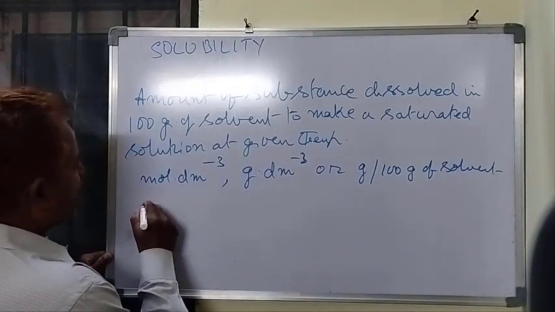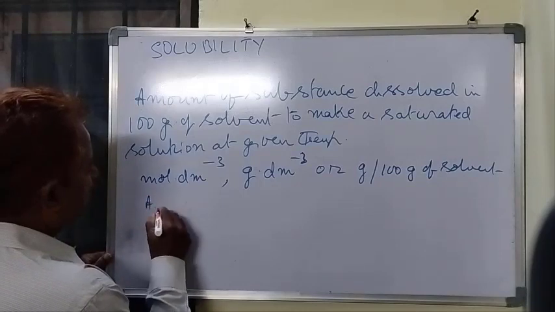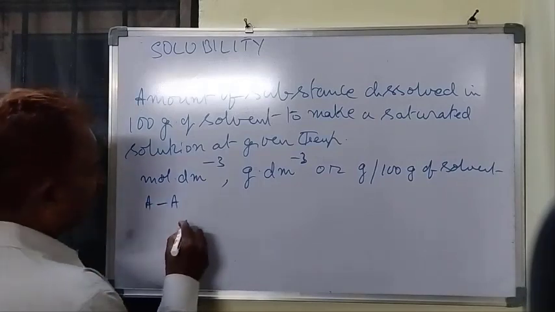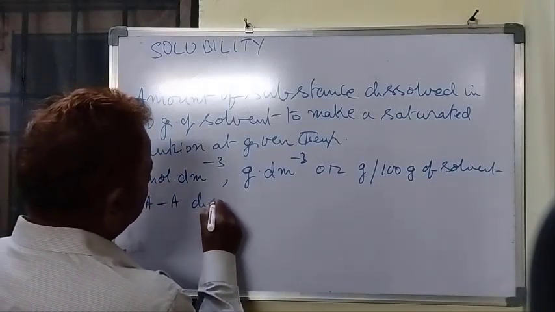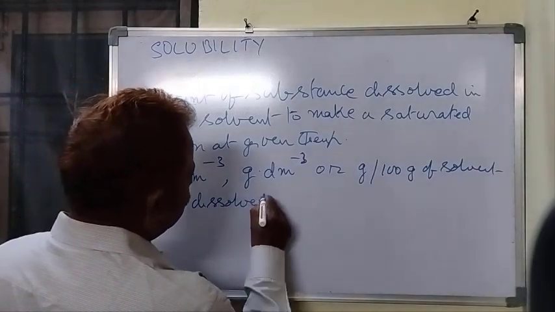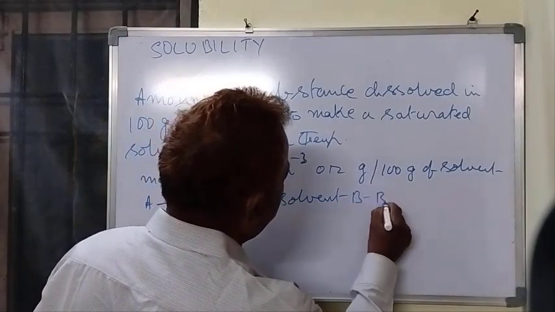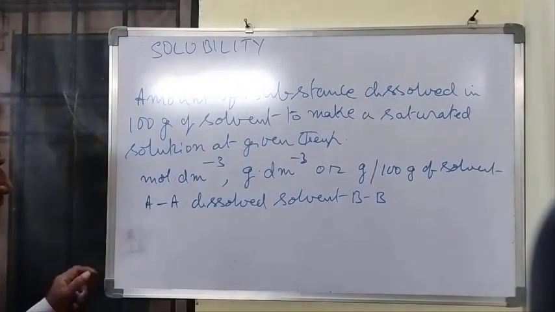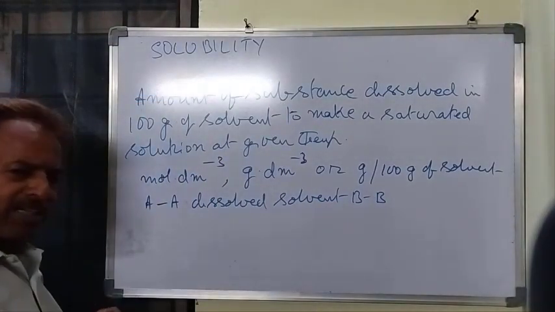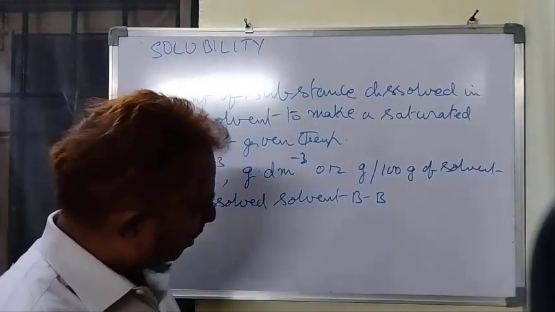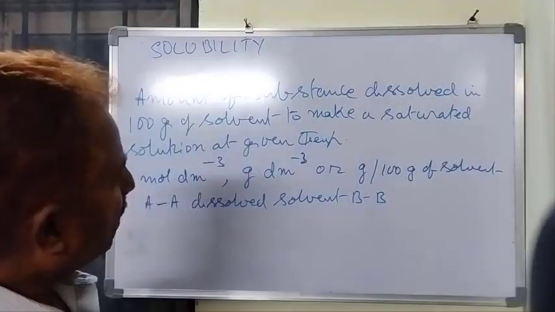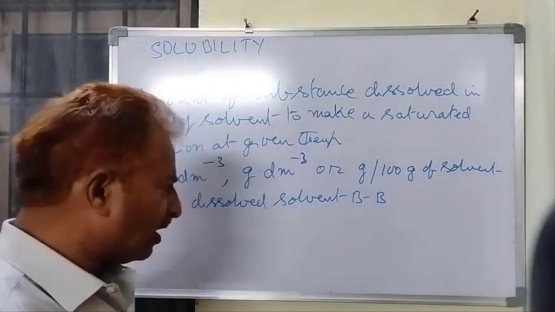Suppose a substance A is dissolved in solvent B. In between particles of A, there are interactions. Similarly, in between particles of solvent B, there are interactions.